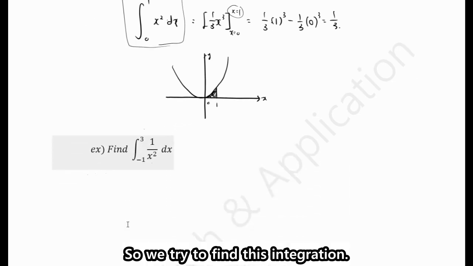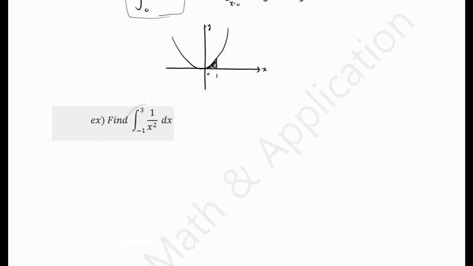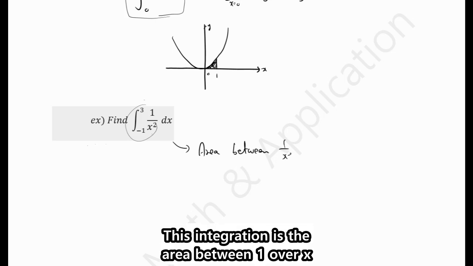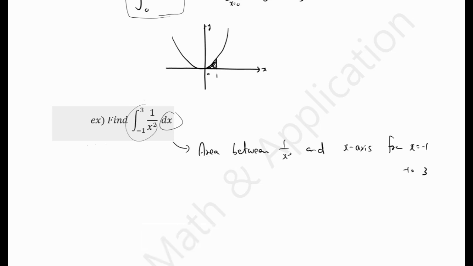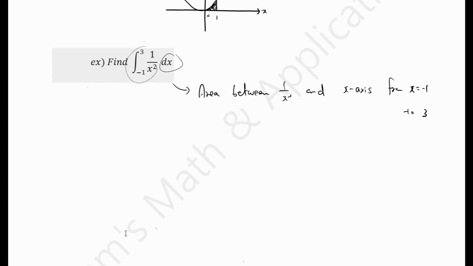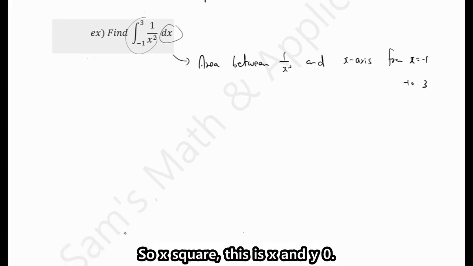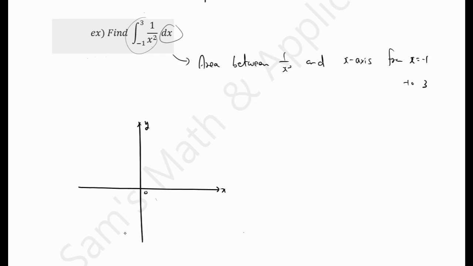So we try to find this integral. This integral is the area between 1 over x squared and the x-axis from x equals minus 1 to 3. So on the x and y axes, 1 over x squared is like this.